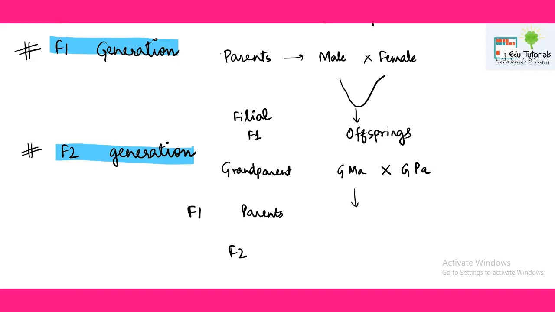Suppose we are talking about a family: parents produce the F1 generation, and when the F1 generation sexually reproduces, they produce the F2 generation. This can go on and on. F1 will produce F2, F2 will produce F3, F3 will further produce F4, and so on and so forth.